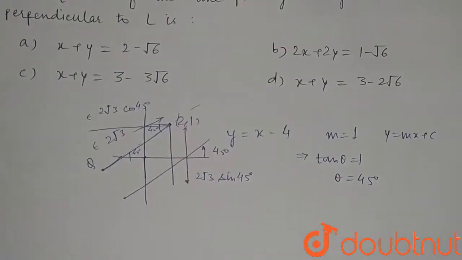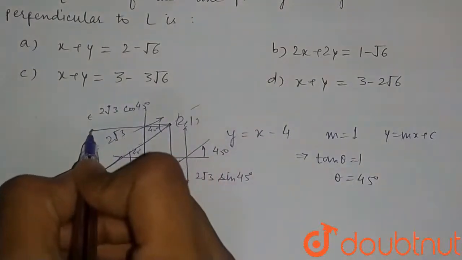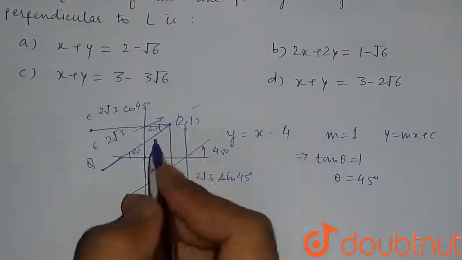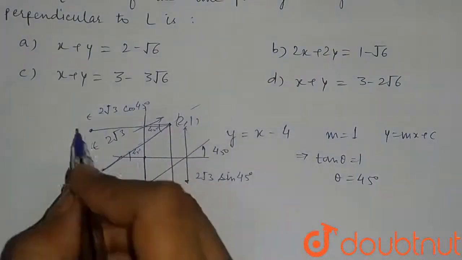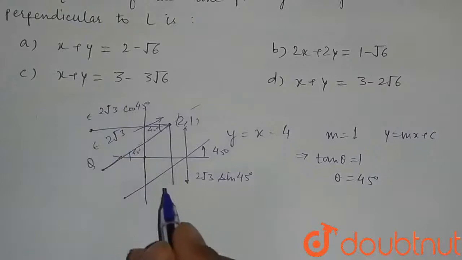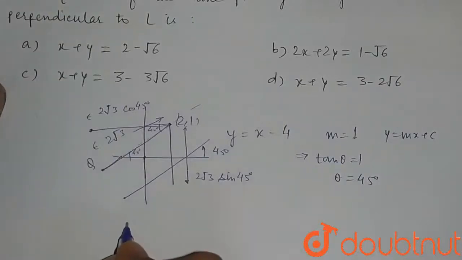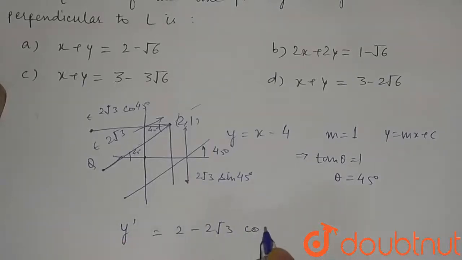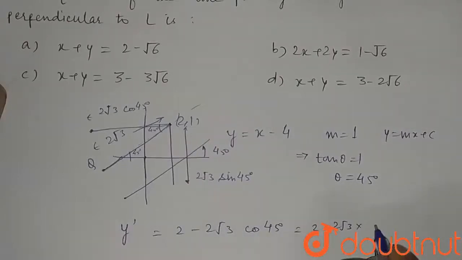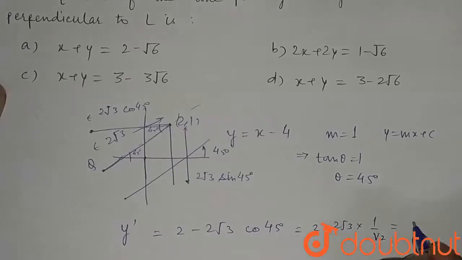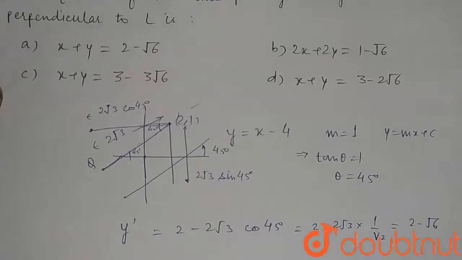So the point has shifted in the y direction by 2 root 3 cos 45 units. So the new y, let's say y dash, is 2 minus 2 root 3 cos 45 degrees, that is 2 minus 2 root 3 into 1 by root 2, which can be written as 2 minus root 6.